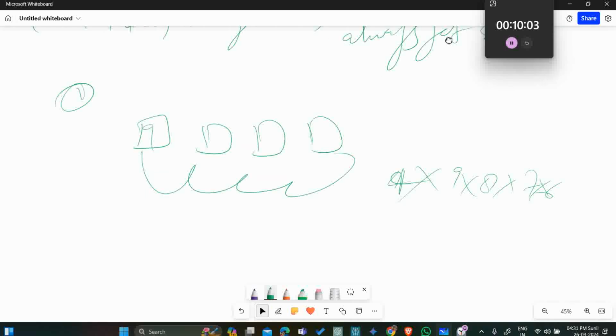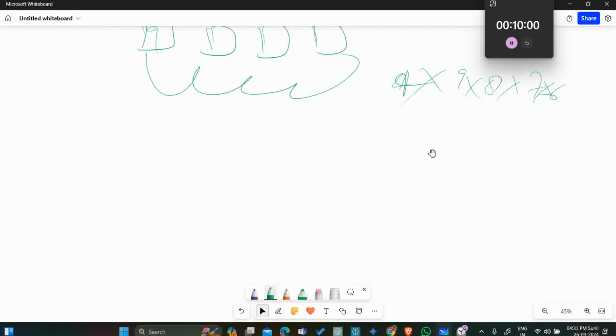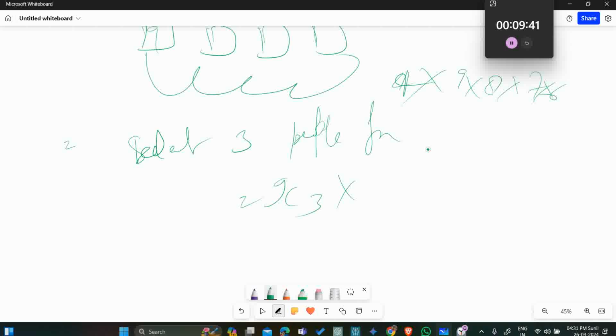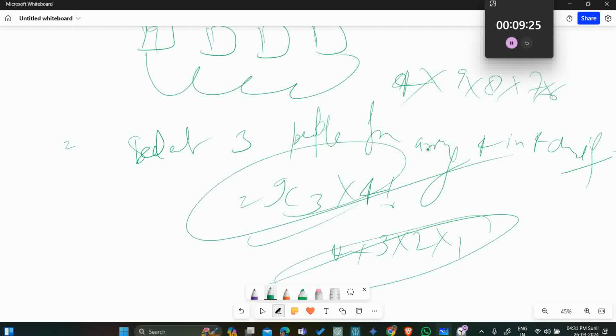No, this is not how we do it. We can do this, but not like this. It would be: select 3 people from 9, which is 9C3, and arrange 4 in 4 chairs, which is 4 factorial, 4 into 3 into 2 into 1.